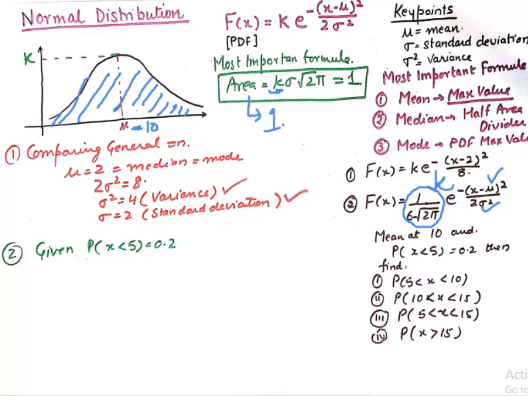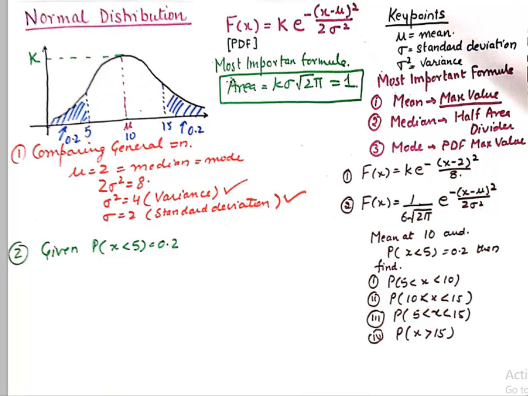So how do you interpret such a question? We know that the mean is right at the center of this bell curve, which is given to be 10, and the probability of the random variable less than 5 is given to be 0.2, which is given in the question here.